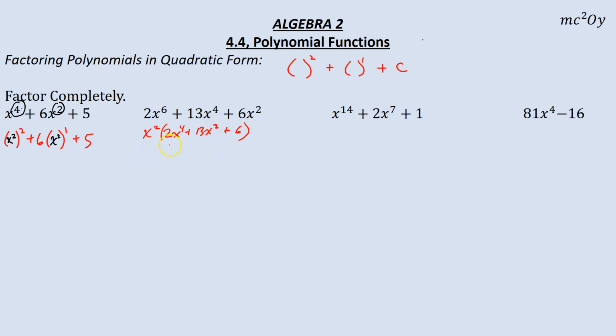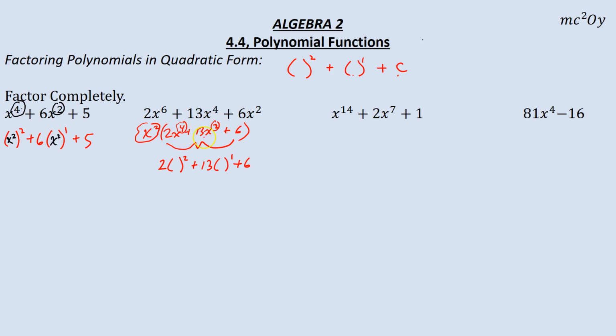And then I'm going to now look at this piece, and I'm going to write it in this format up here. So that'd be 2 times something squared plus 13 times something to the first plus 6. All right, I'm just going to keep this in a box for a minute. Remember what I said a second ago. We're looking at that power and that power.